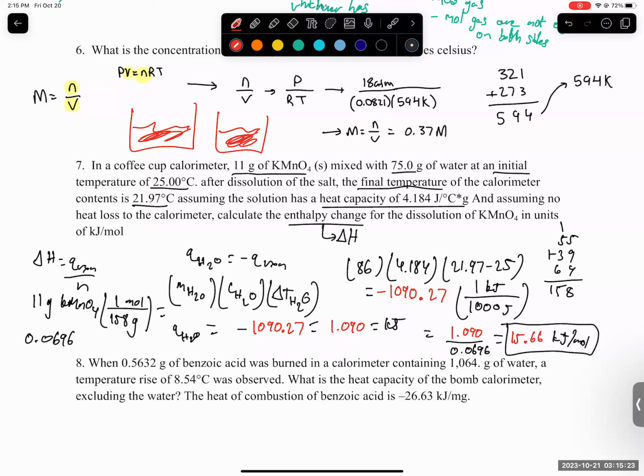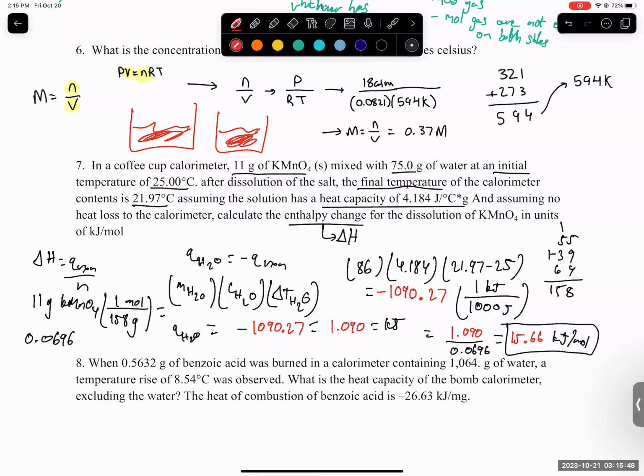All right, to re-clarify, because I didn't read the question, like my own advice stated. When it says solution, you add in both the water and the KMnO4. This comes from the fact that KMnO4 is soluble, so you have to take that into account. So 75 plus 11 gives you an 86 gram mass total.